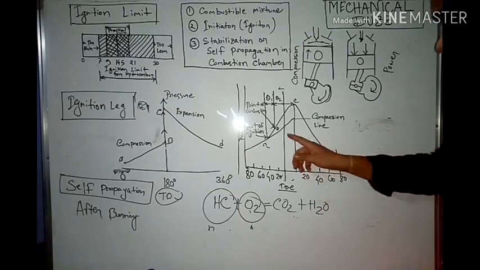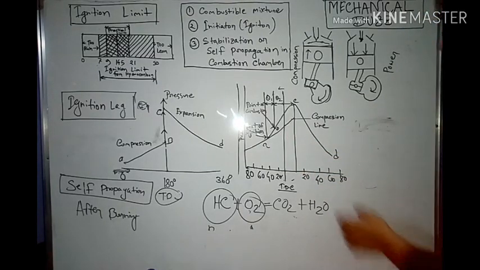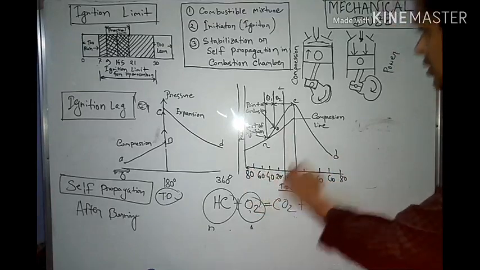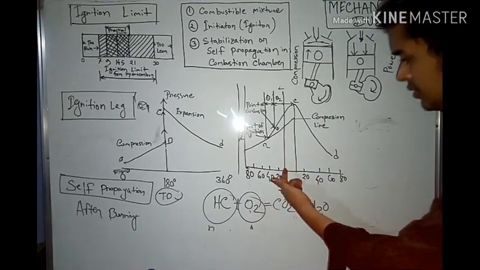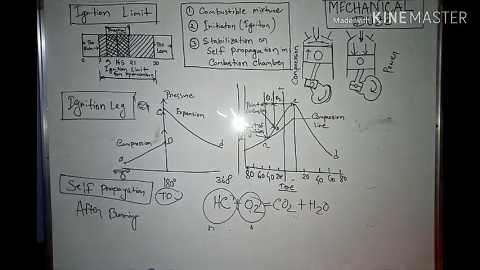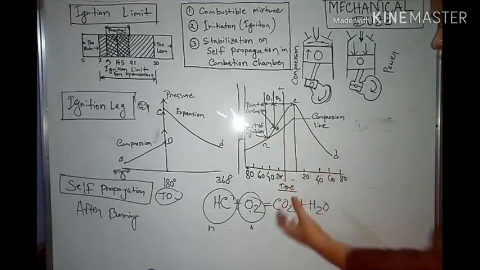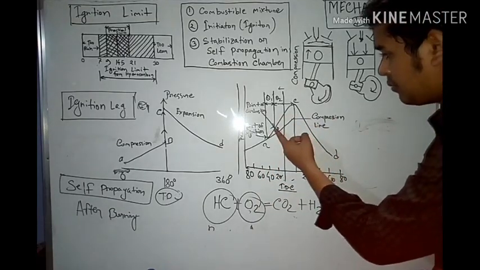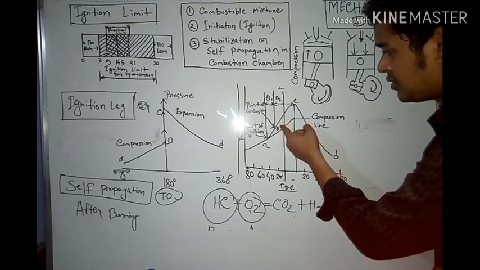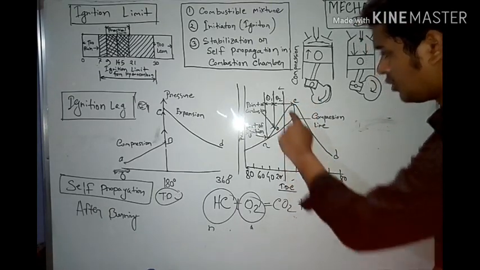But here, as you see, the combustion takes place before the piston reaches TDC, some degrees before. It's kind of like 20 degrees or so in advance that it has taken place and the spark started. From B to C, where this line intersects the straight line is called TDC.